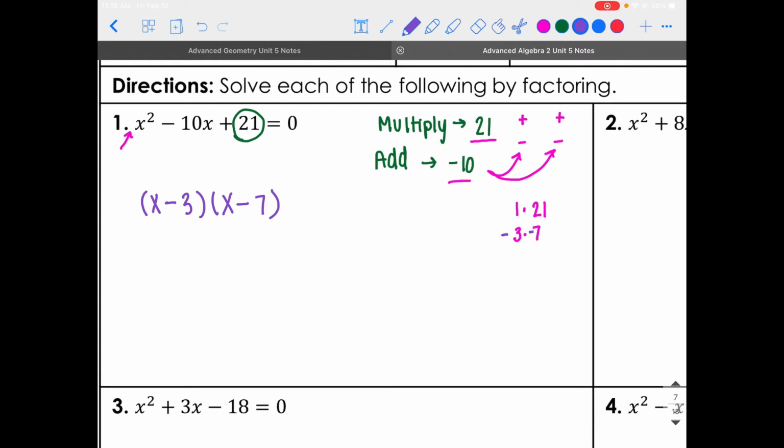So that is the process of factoring, what you probably learned in Algebra 1. But now those factors help us find the x-intercepts. Because my equation is set equal to 0, I'm going to take each factor, x minus 3, and set it equal to 0. x minus 7, set it equal to 0.